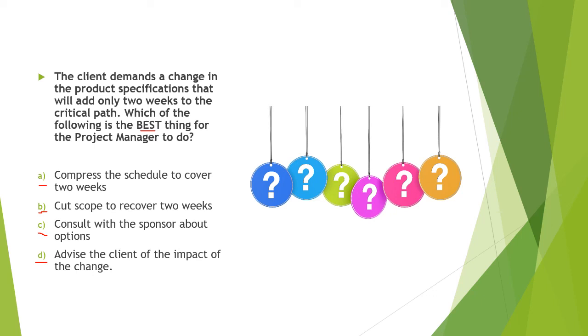The first two options, compress the schedule and cut the scope, can only be done after consulting with the sponsor and advising the client about the impact, right? So without consulting with your sponsor and without advising the client about compressing the schedule and cutting the scope, you cannot move ahead. So A and B are ruled out.